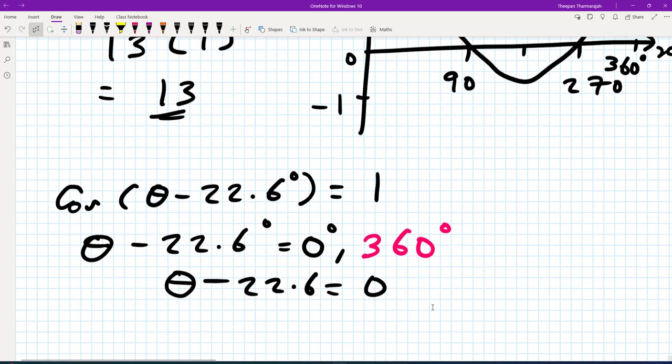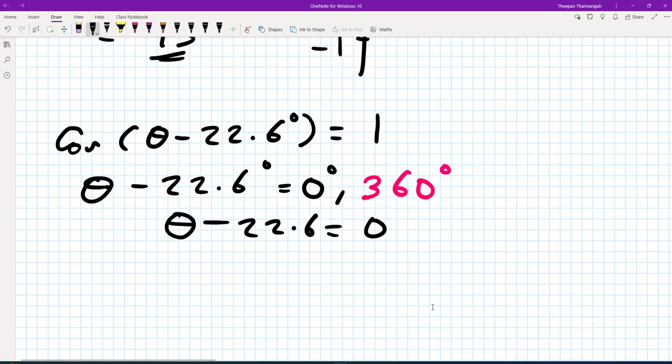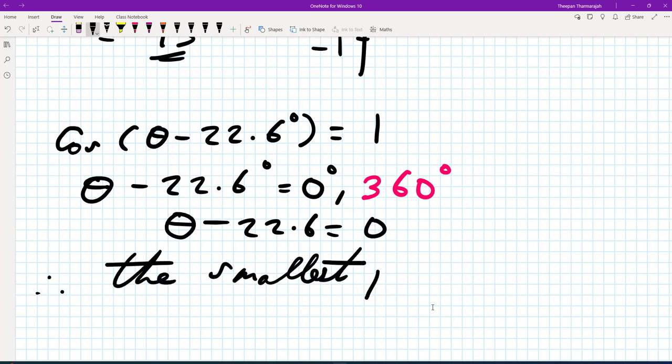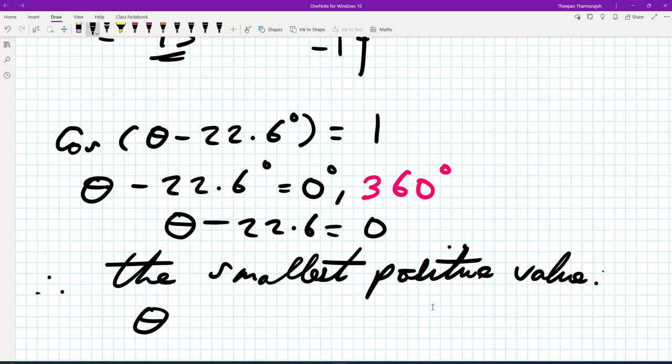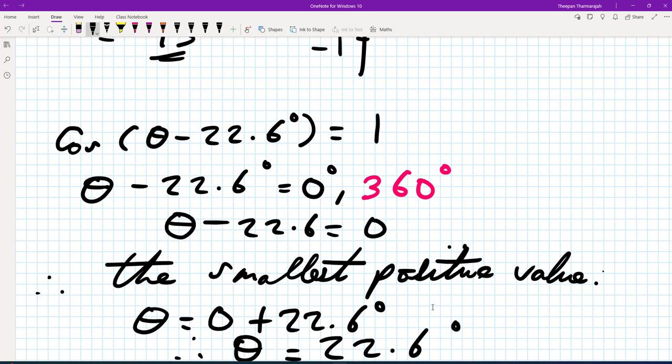And so we can conclude that the smallest positive value required is theta equals 0 plus 22.6 degrees. Therefore, theta is 22.6 degrees.